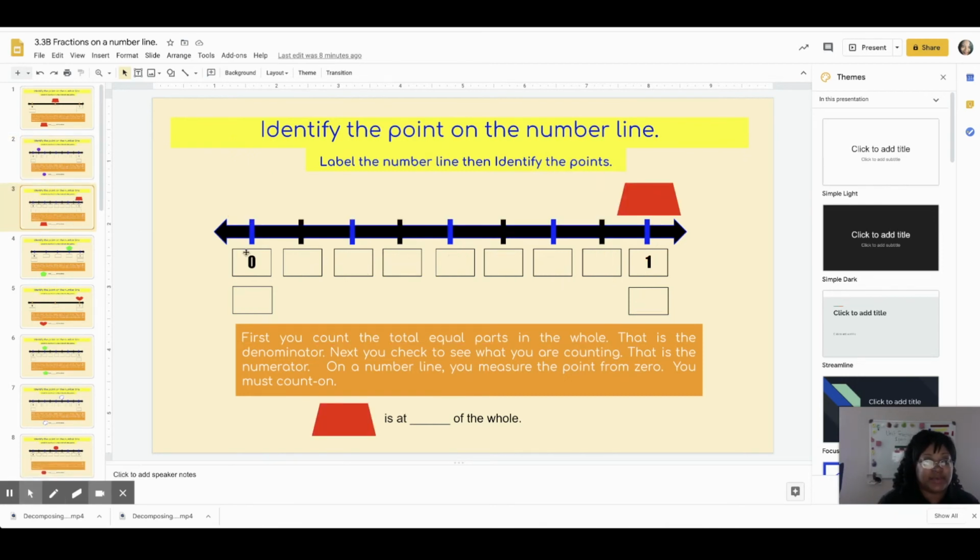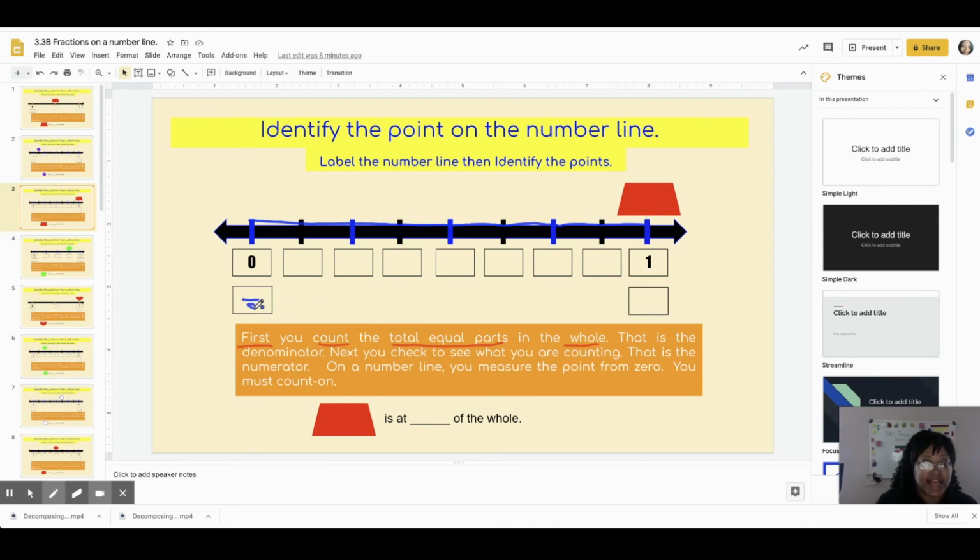Okay, now this one, we're going to do what it says. First you count the total equal parts in the whole. 1 equal part, 2, 3, 4, 5, 6, 7, 8 equal parts.